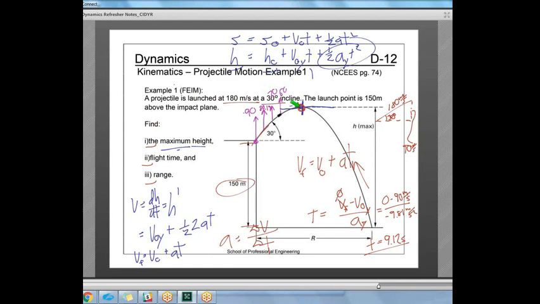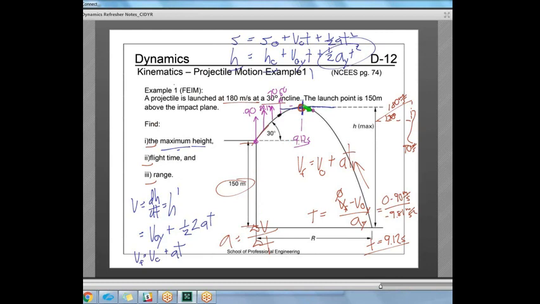And then a second later, it's only going to be going up at 70 and change, and then 60, 50, 40, 30. By the time it reaches the top here, its vertical velocity will be 0. And that takes just about 10 seconds, a little less than 10 seconds.